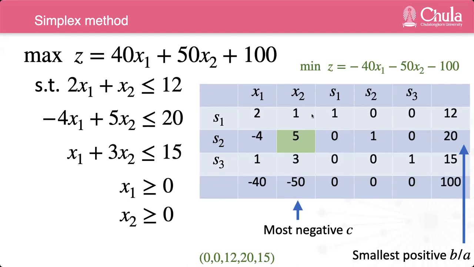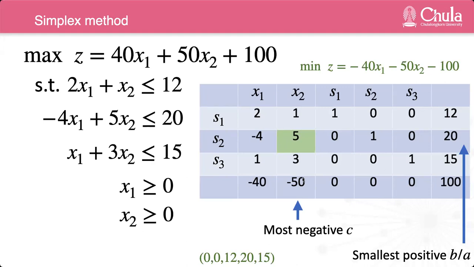And the second row, we have -4, 5, and 0, and 1 for S2, and then 0. Okay? And the right-hand side becomes 20, right? And from the third constraint, we have 1, 3, right? 0, 0, and 1, because we add S3 here, the slack variable. Okay, the right-hand side is 15.